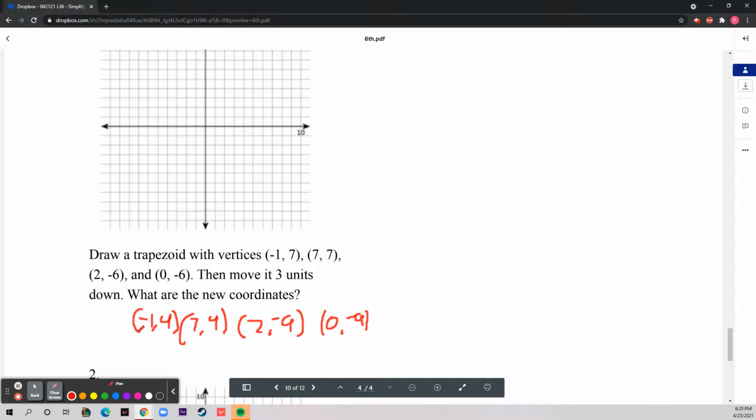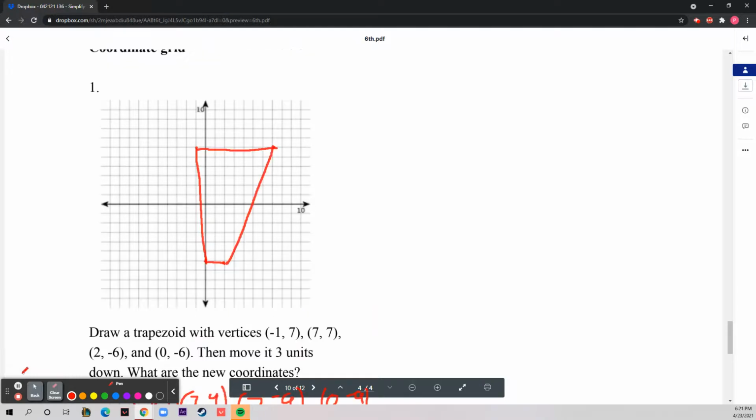Okay, so first let's draw the first trapezoid. Okay, so this is our original trapezoid: negative 1, 7; 7, 7; 2, negative 6; and 0, negative 6. Then it says to move everything down by 3.